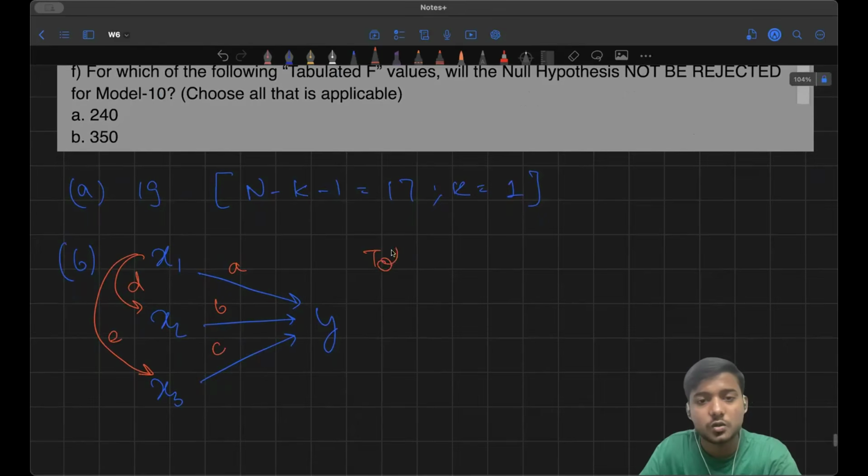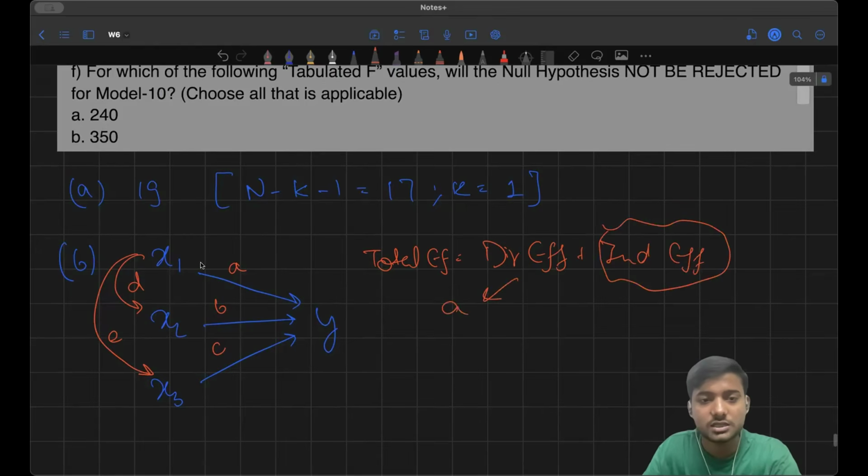So total effect is equal to direct effect plus indirect effect, right? They have only asked for the indirect effect. So direct effect is actually A, x1 directly affecting y. This path which you are seeing is your direct effect.